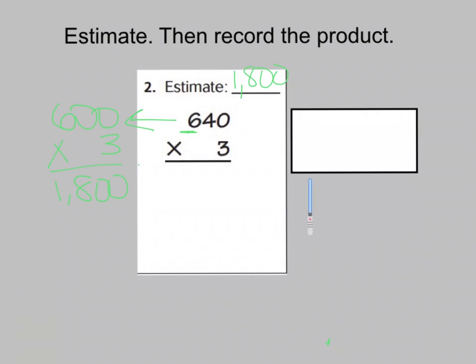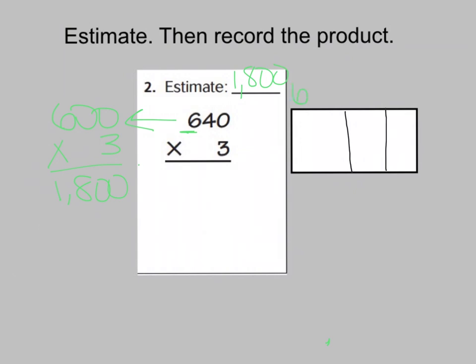And if you look to the right, I've drawn a box model. This is exactly like we've done in class so far. And because 640 has 3 place values, I'm going to go ahead and draw 3 sections to our box model. And now I'm going to break up 640 into expanded form and put it at the very top of our box model.